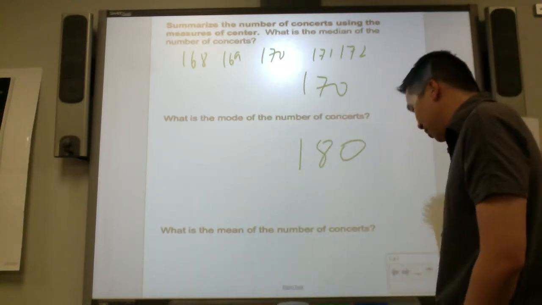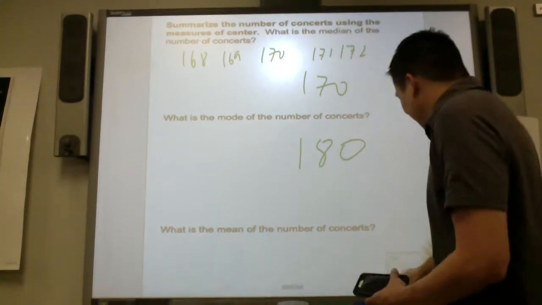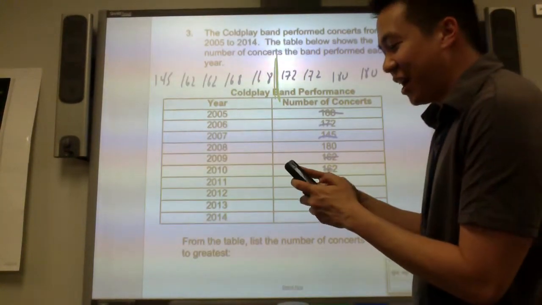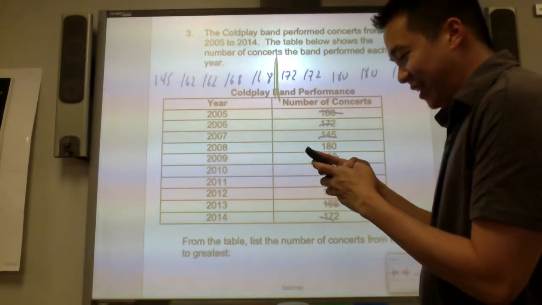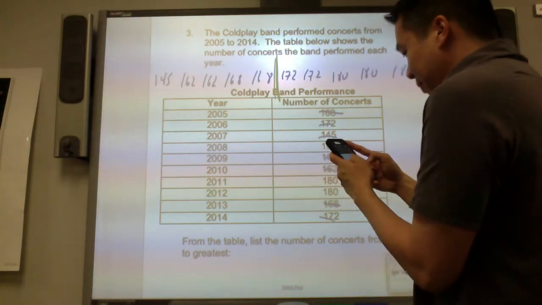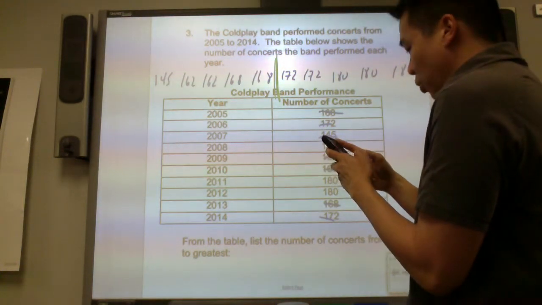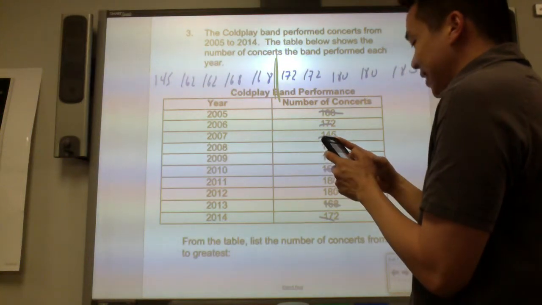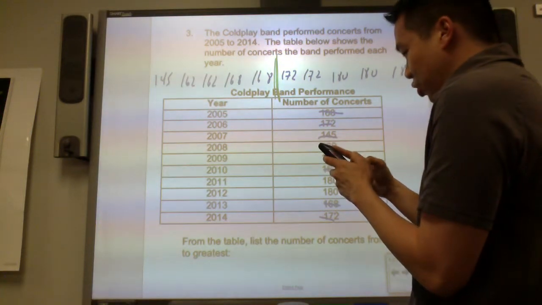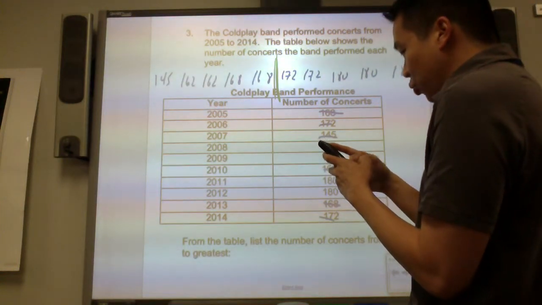Find the mean. For the sake of time, I'm going to use my calculator. So if I take 145 and add it to 162, 162, 168, 168, 172, 172, 180, 180, 180.